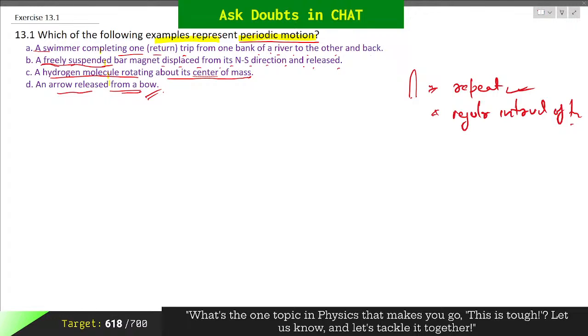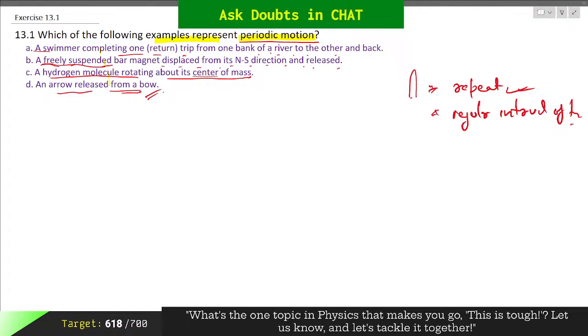So we can say that it is a periodic motion, because the magnet repeatedly swings back and forth around the equilibrium position. So here the Earth's magnetic field will provide the restoring torque. That's why the motion will be periodic.